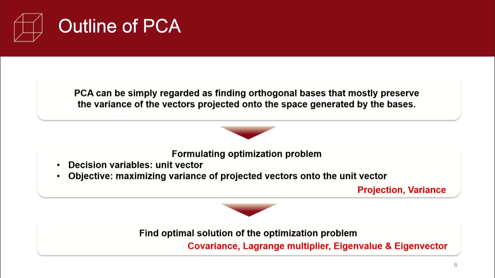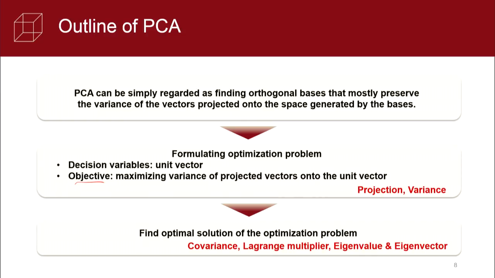Basically, in the optimization problem, the decision variable is the orthogonal basis, the principal component. The objective is to maximize the variance of the projected vectors of the data vectors onto this unit vector, right?